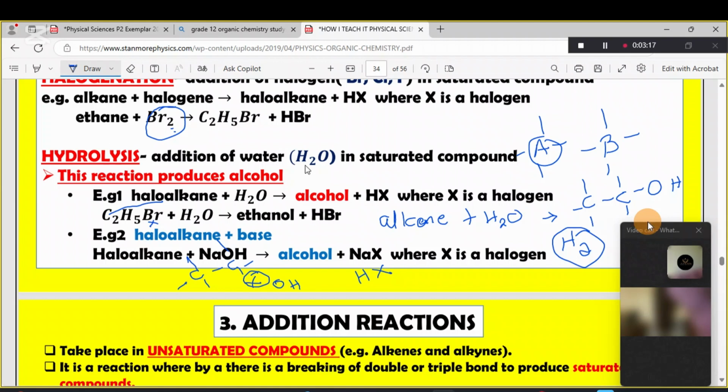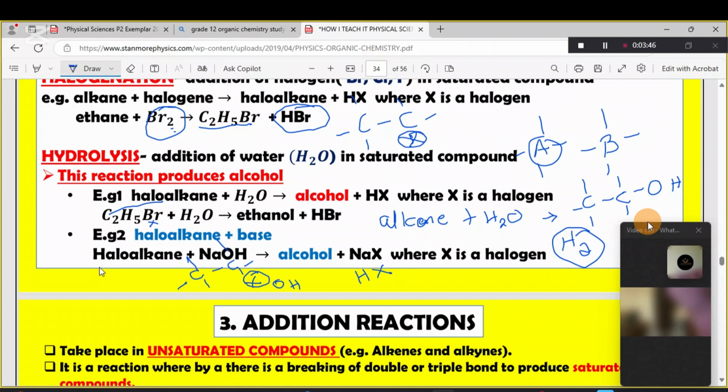In this case, it's a substitution because I have an alkane, in which all the bonds are taken care of. So I'm going to have to remove an H to put the halogen. And because I had two halogens and now I removed an H, the H now goes and is with the halogen. So now I have a haloalkane plus a halogen with the H.